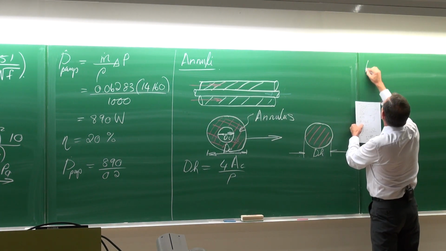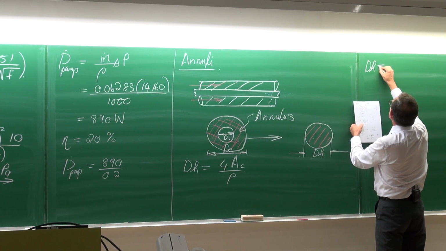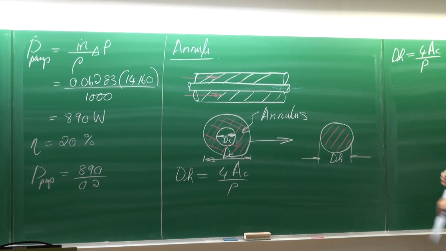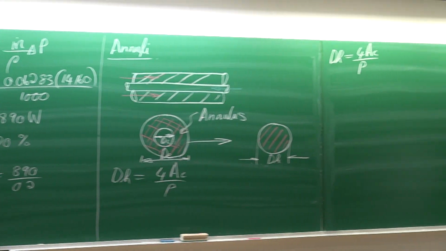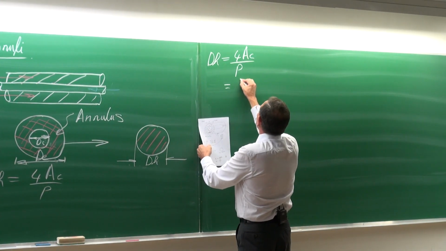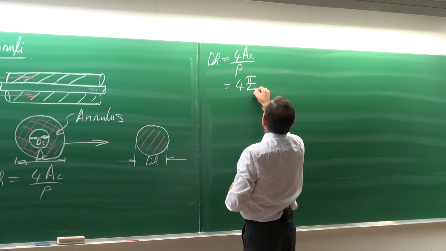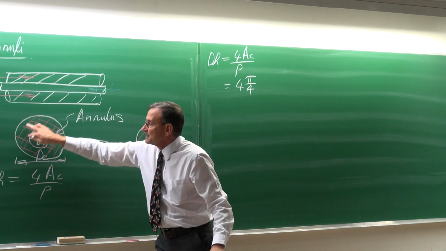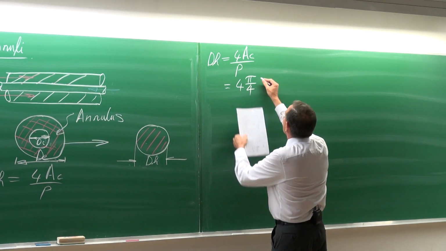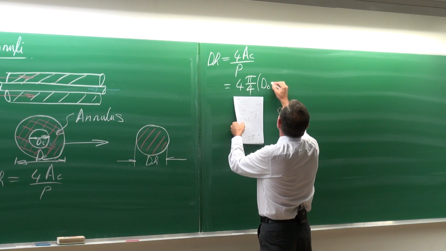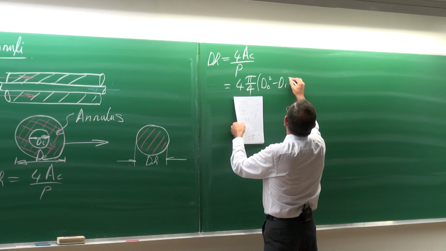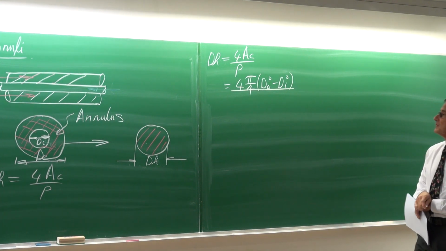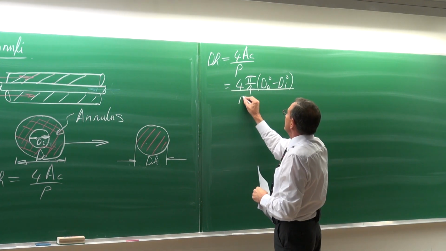If we calculate the hydraulic diameter for an annulus, as you've done in fluid mechanics, it is 4 times the cross-sectional area divided by the wetted perimeter. The cross-sectional area through which the flow occurs is this red area, pi over 4 times (D0 squared minus Di squared), divided by the wetted perimeter.